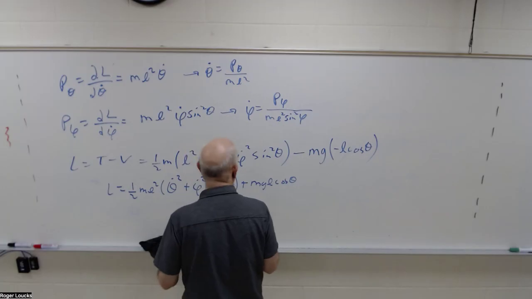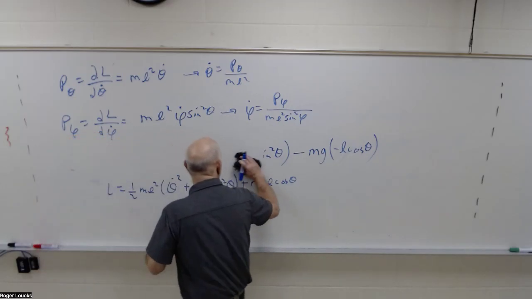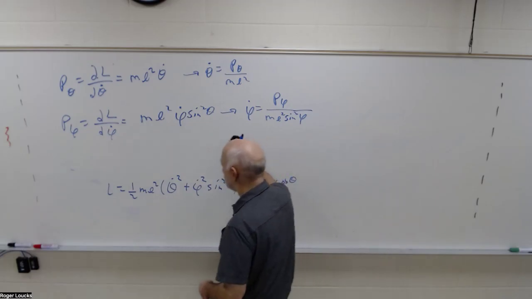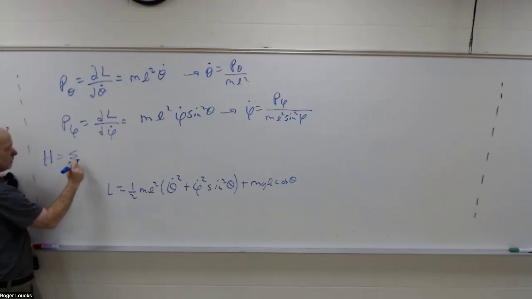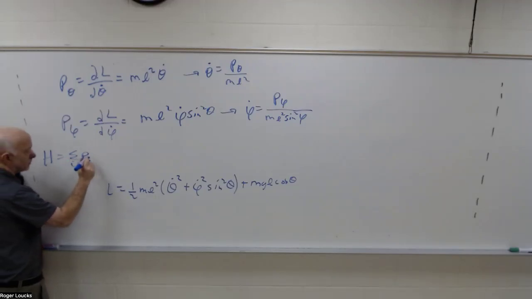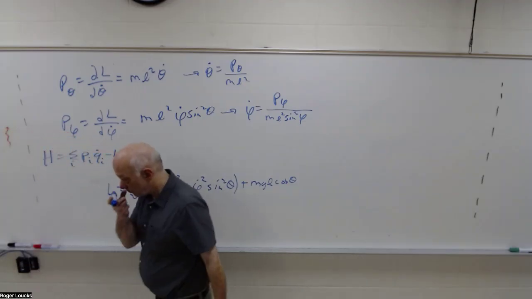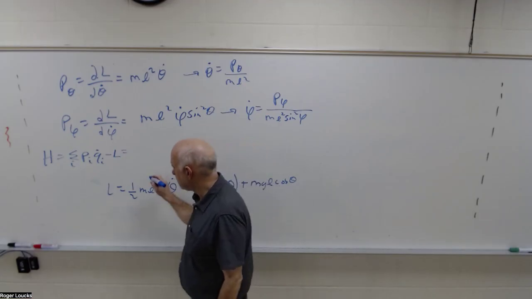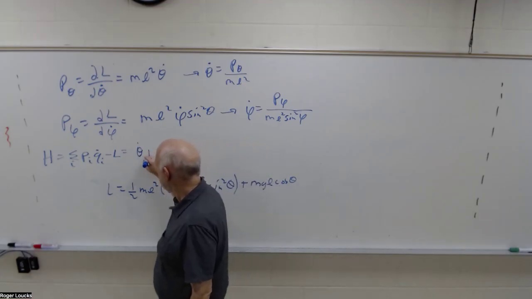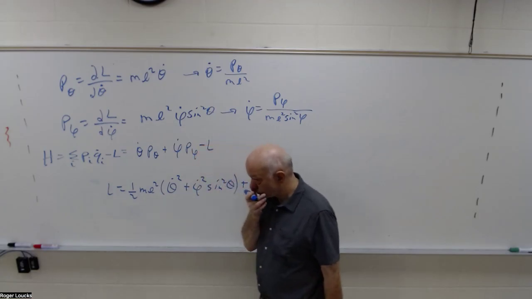So our Hamiltonian is H, the sum over i of p_i q_i dot minus L. So what does this give me? This would be theta dot p theta plus phi dot p phi minus L.